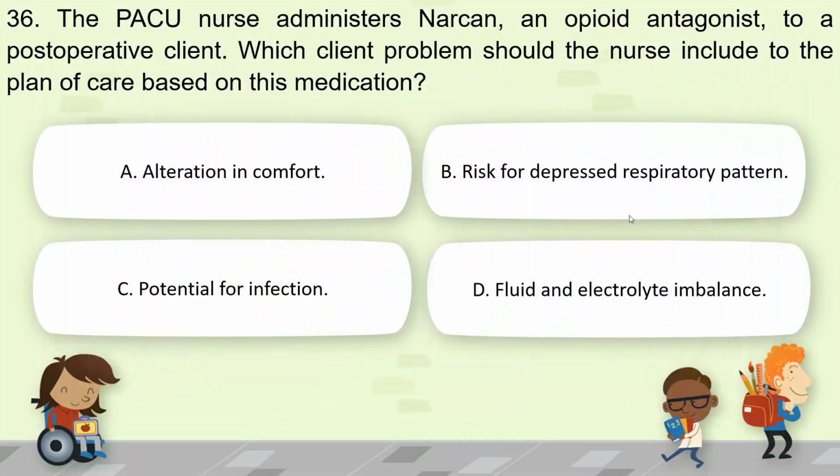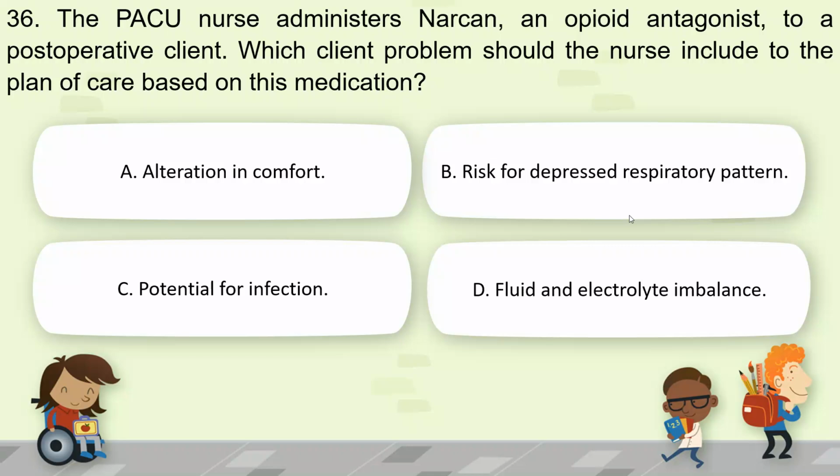36. The PACU nurse administers Narcan, an opioid antagonist, to a postoperative client. Which client problem should the nurse include in the plan of care based on this medication? Of course, we know that opioids are going to cause respiratory depression. Therefore, our focus is on respiration.